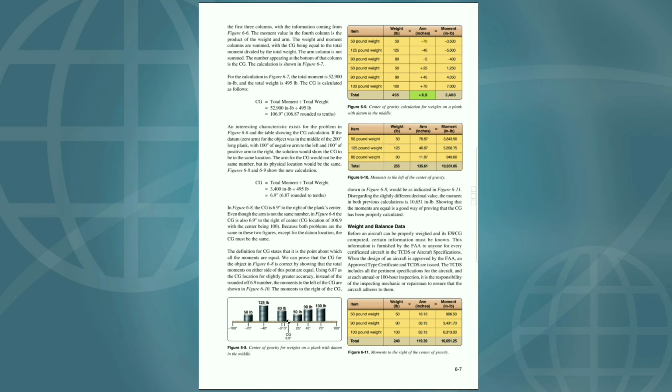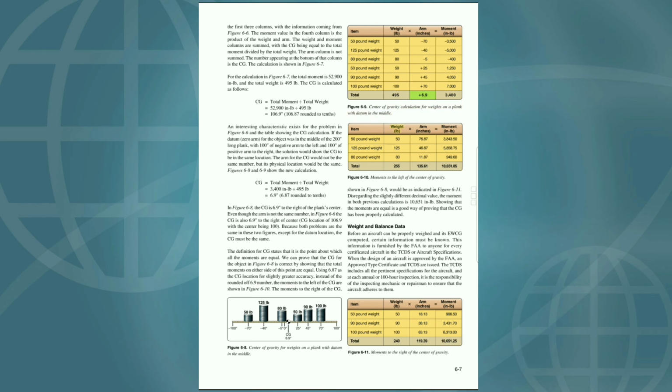Arms: minus 70, minus 40, minus 5, plus 25, plus 45, plus 70, plus 6.9. Moments: minus 3,500, minus 5,000, minus 400, 1,250, 4,050, 7,000, 3,400. Figure 6-9. Center of gravity calculation for weights on a plank with datum in the middle.